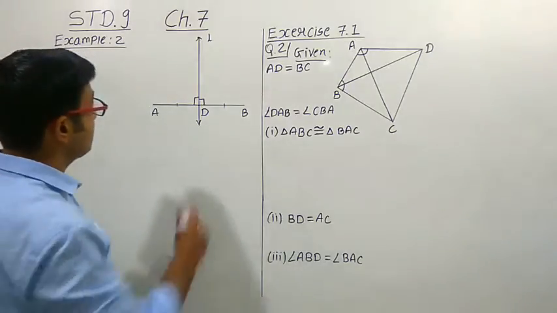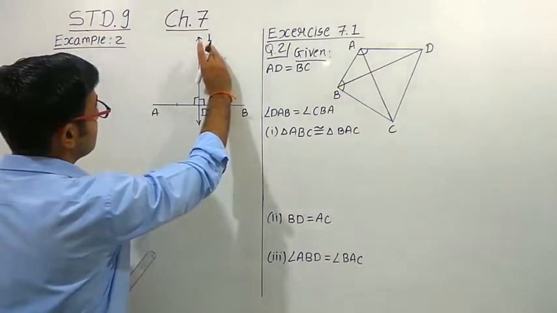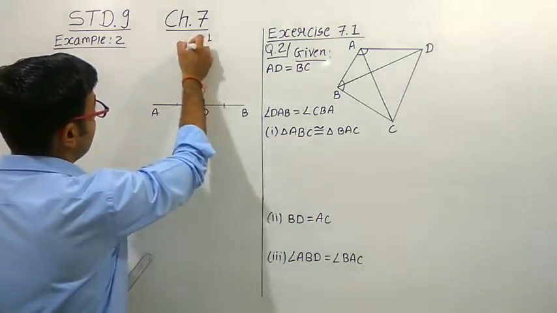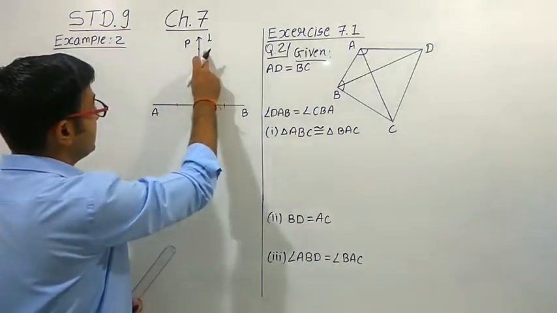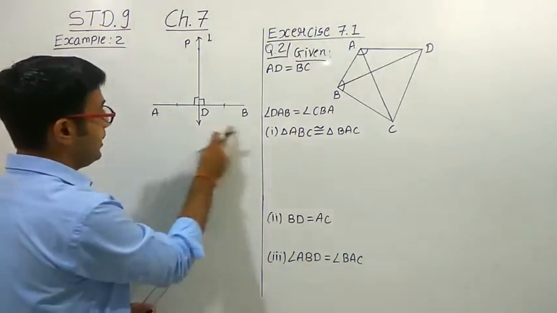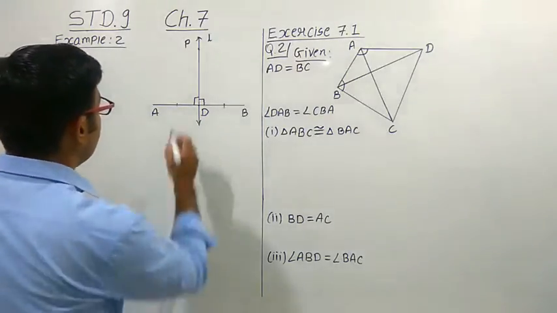Now we have said that there is a point P on the line L, and we have to prove that P is equidistant from points A and B. Equidistance means AP distance.